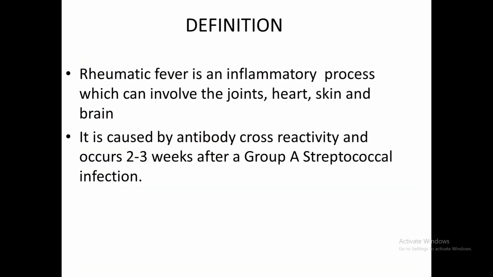In this girl, most probably she has got evidence of the major criteria and the minor criteria. If you calculate it, it is very near to the diagnosis of rheumatic fever. The only thing is that you have to do the investigations and prove the antecedent group A streptococcal infection.